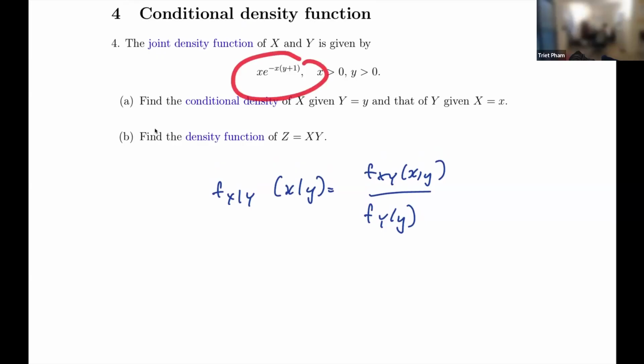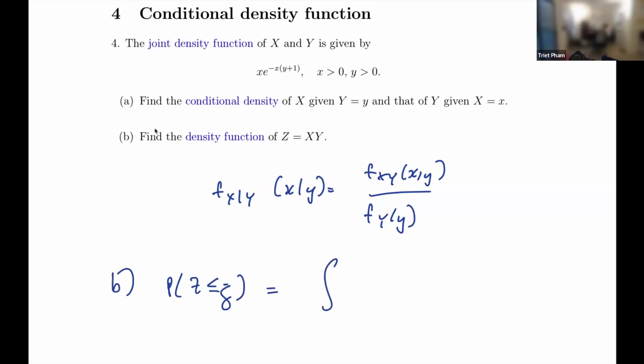So basically you have to work with the probability Z less than or equal to z. You have to work with the CDF. And then you will want to integrate over the region x times y less than or equal to z of the joint PDF, and find that out and differentiate with respect to z.